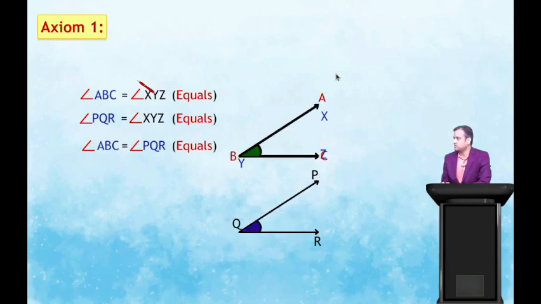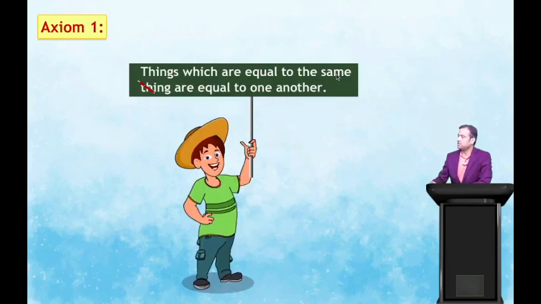And what is this? Things which are equal to the same things are equal to one another. I think you all know about this one. It is very basic, but this is the first axiom. Let's say the value of x is 1 and the value of y is also 1.